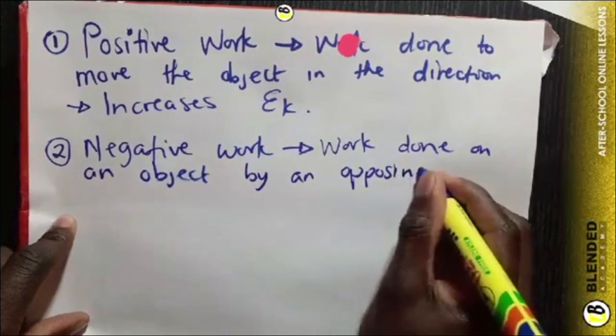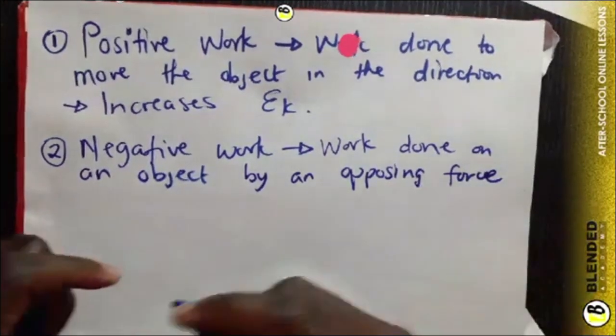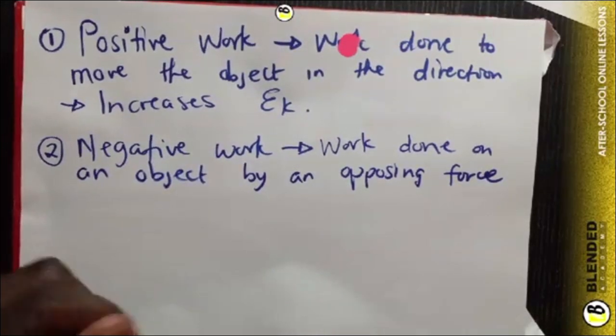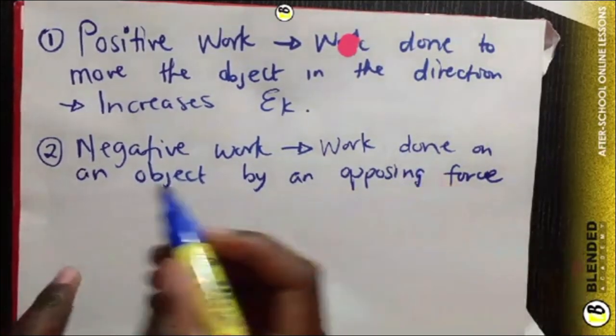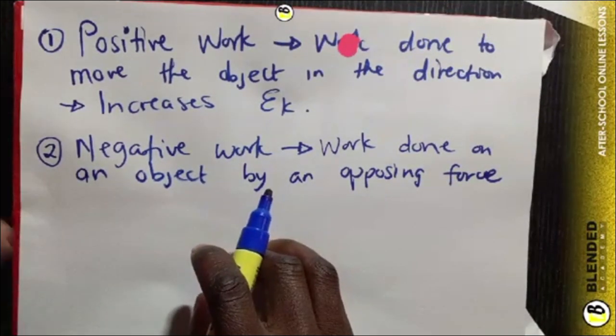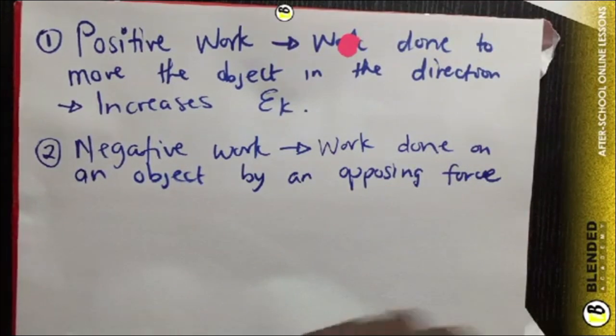So for example, let's say you're pushing an object on a rough surface and then there's friction there. Remember that friction always acts in the opposite direction of the motion. So friction is going to give you negative work done on an object. You understand? Because it's acting in an opposite direction to the motion of the object.